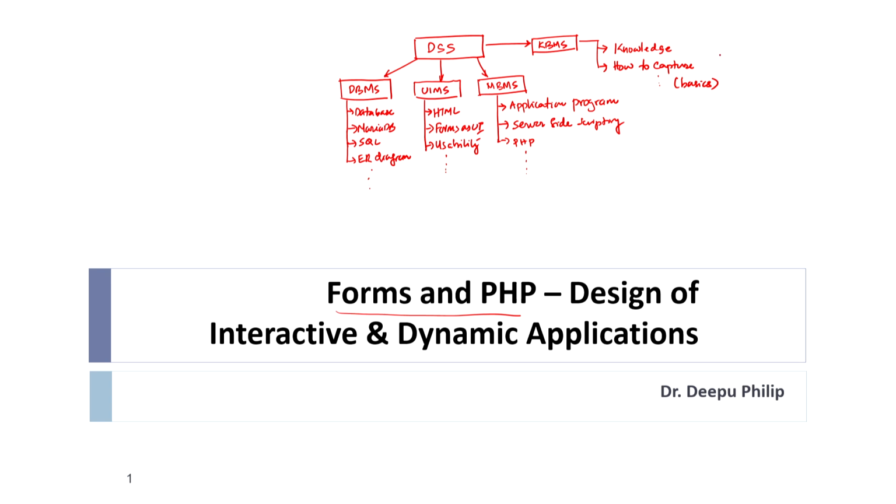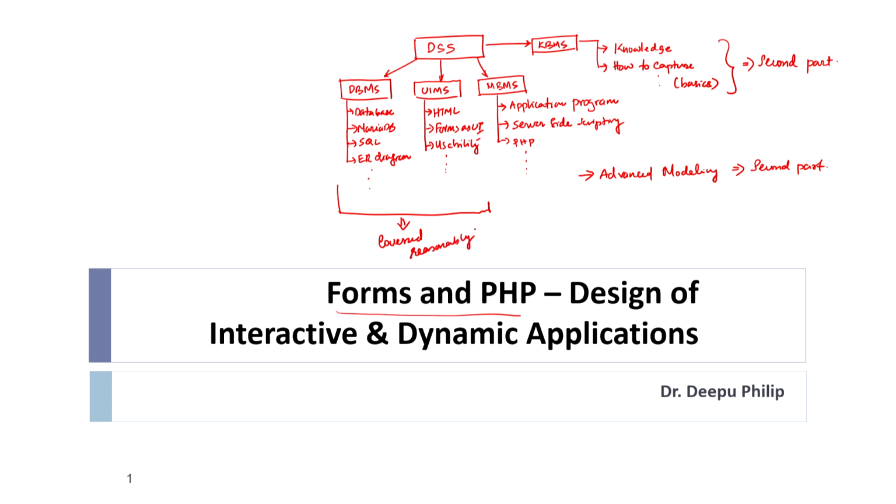The advanced of this portion will be in the second part of this course. Okay, the next part of this course, the advanced modeling. It will also be as the second part, because we didn't get too much of time. These two we have reasonably covered, reasonably well, reasonably broad.